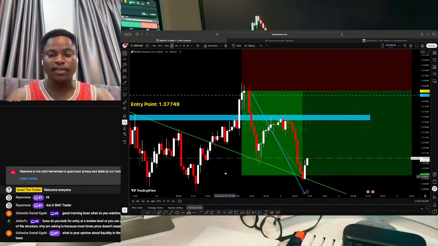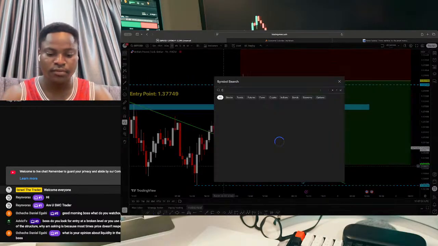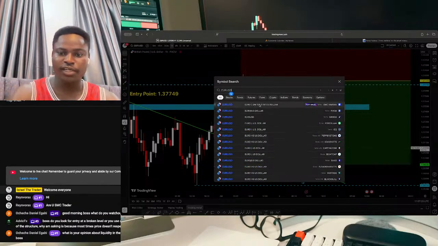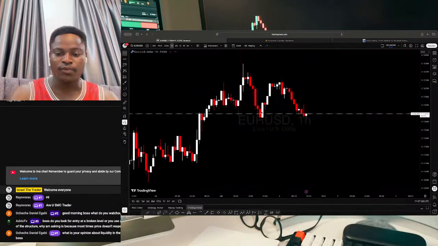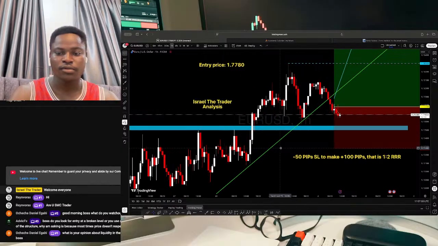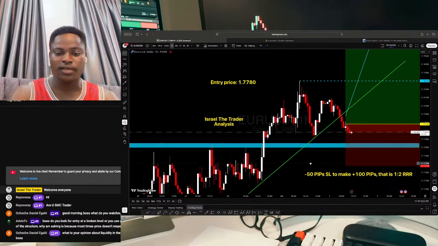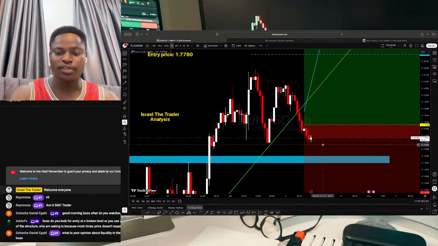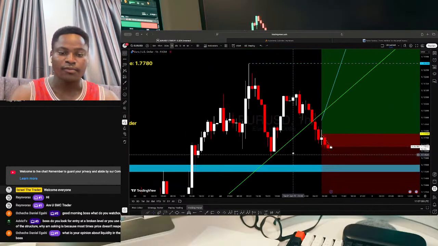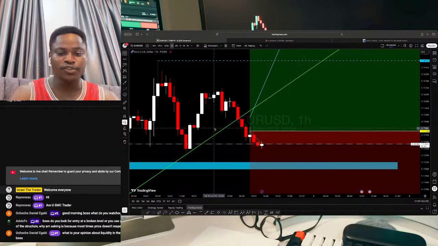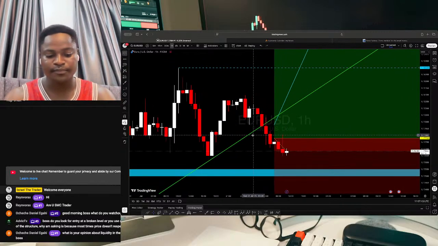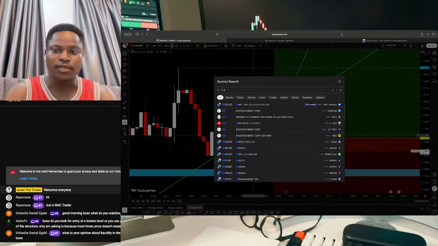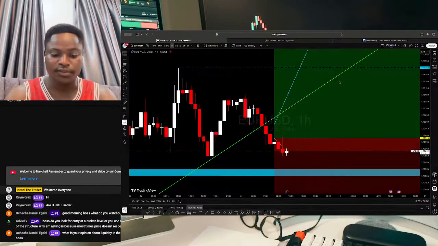I don't like doing that because of the correlation factor. So once I'm in one trade, I wait for that trade to completely hit either my stop loss or my take profit before I enter another trade. In this case, I'm already in Euro USD, so until I'm out of this, I will not enter another trade.